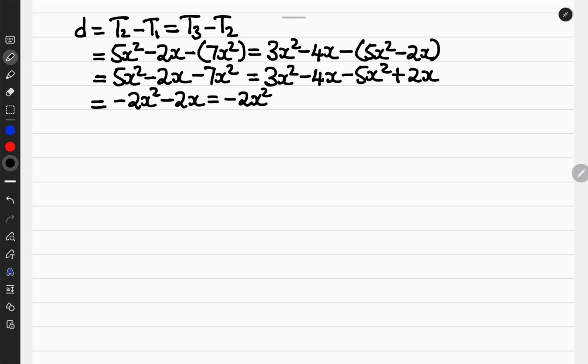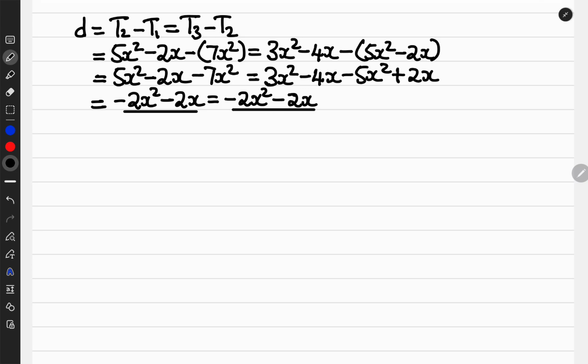Negative 4x plus 2x will also be negative 2x. And as you can see, this equals that.